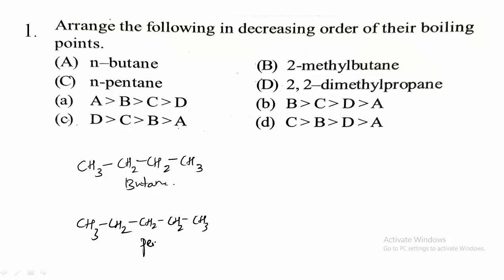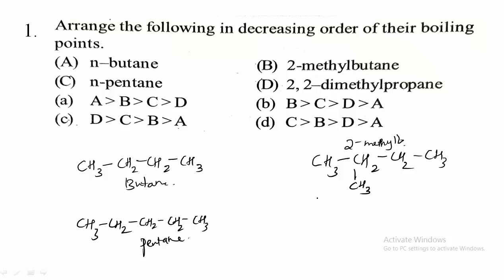This is pentane. And next, 2-methyl butane. 2-methyl butane means here CH3, CH, CH2, CH3, it is butane. At second carbon atom, the methyl group is attached. Then it becomes 2-methyl butane.